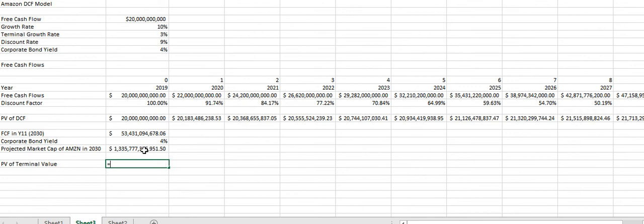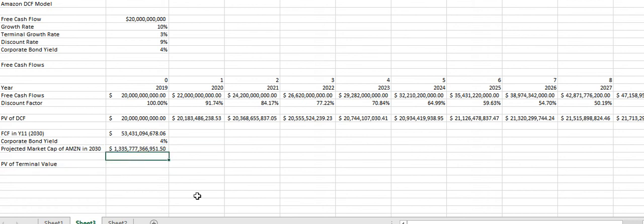So we're going to take this and multiply that by the discount factor. So here's what we're going to do to get that.